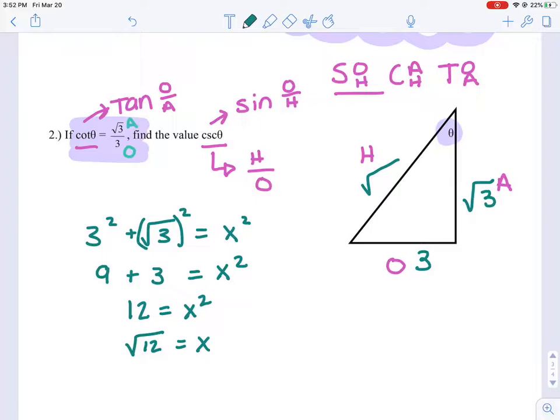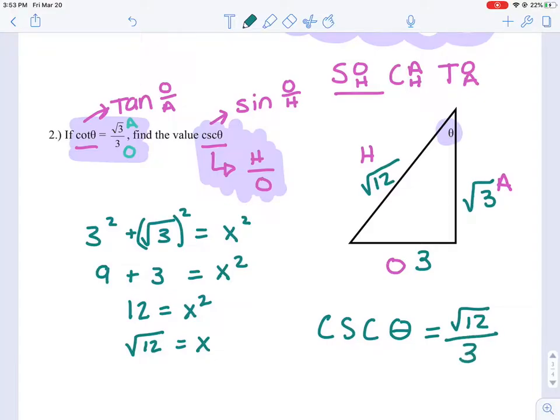So my hypotenuse is the square root of 12. All right, again, ultimately they were asking me for cosecant, which I know is hypotenuse over opposite. So lastly, I just need to write that ratio. Cosecant of theta is equal to my hypotenuse, radical 12, over my opposite, 3. And that is my final answer.